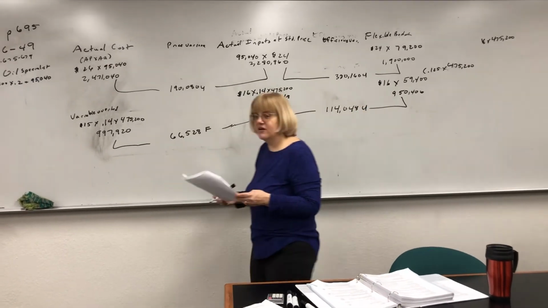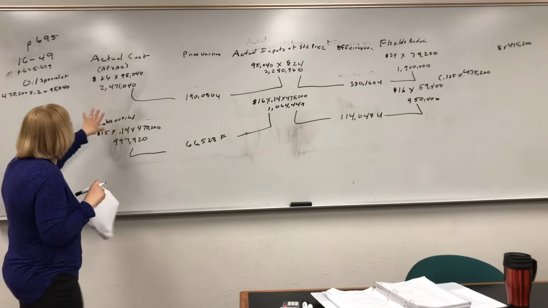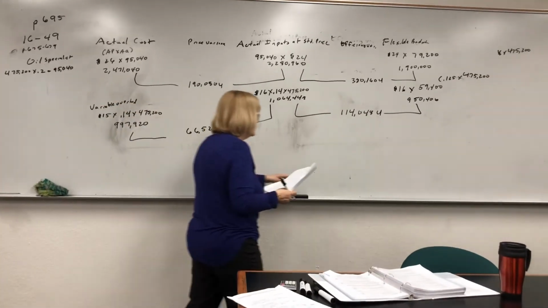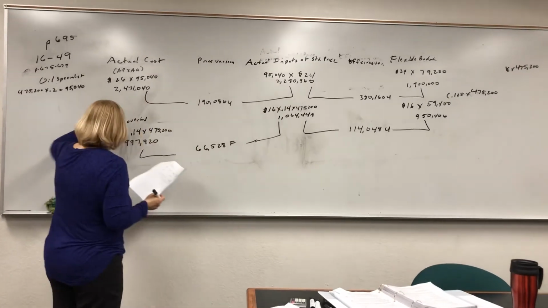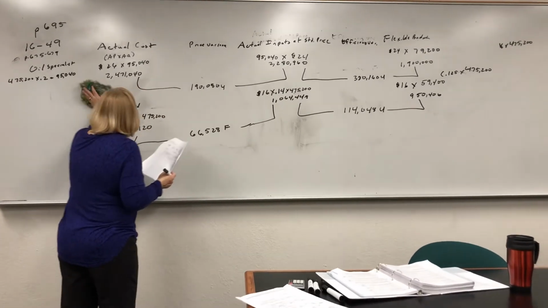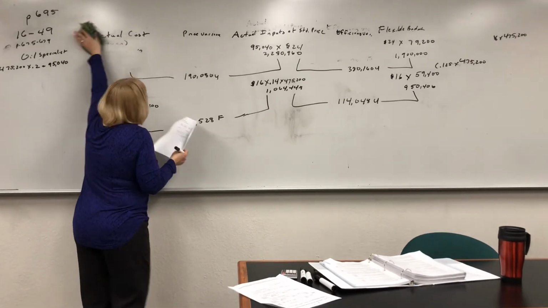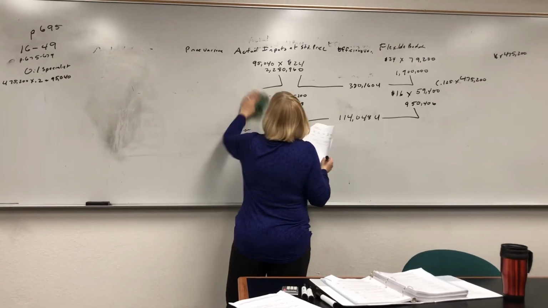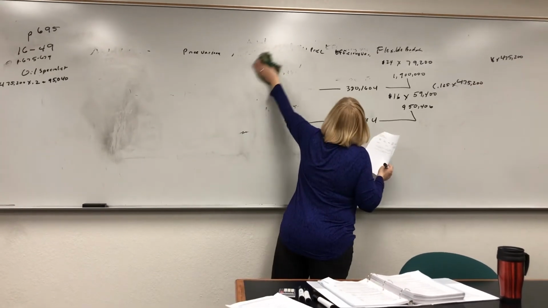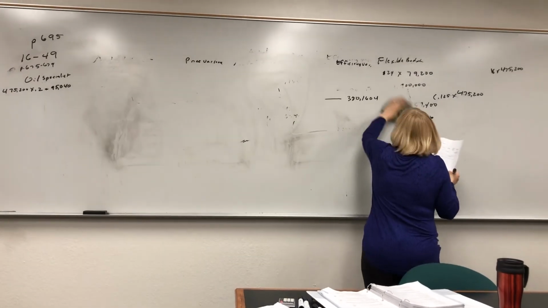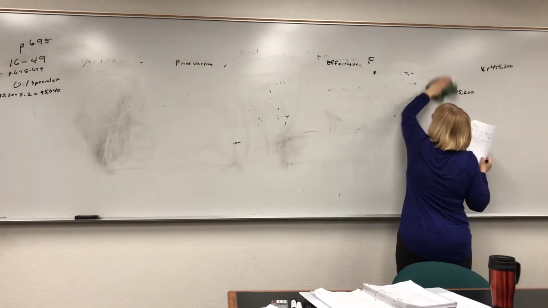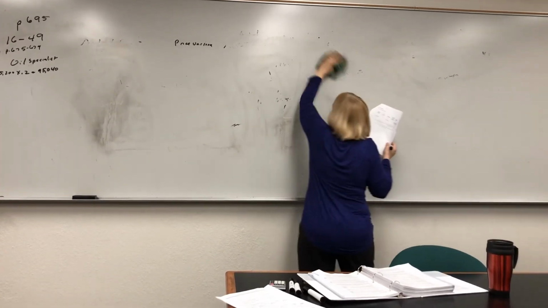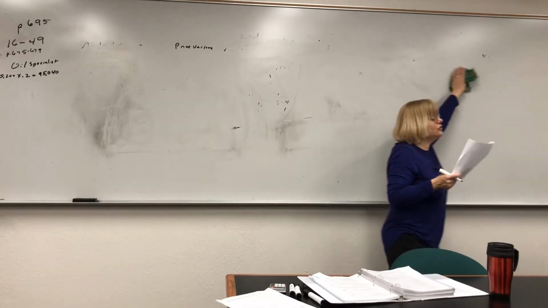I know this is similar to what we did in the last problem, but this last part was the real reason I wanted to work this problem. It has the fixed overhead variance, which we didn't talk about in the last problem. So the fixed is a totally different formula here, although we still have a price variance. But here we're going to look at actual, budget, and what was applied, and that's going to be based on your production, of course, how much of it you applied.